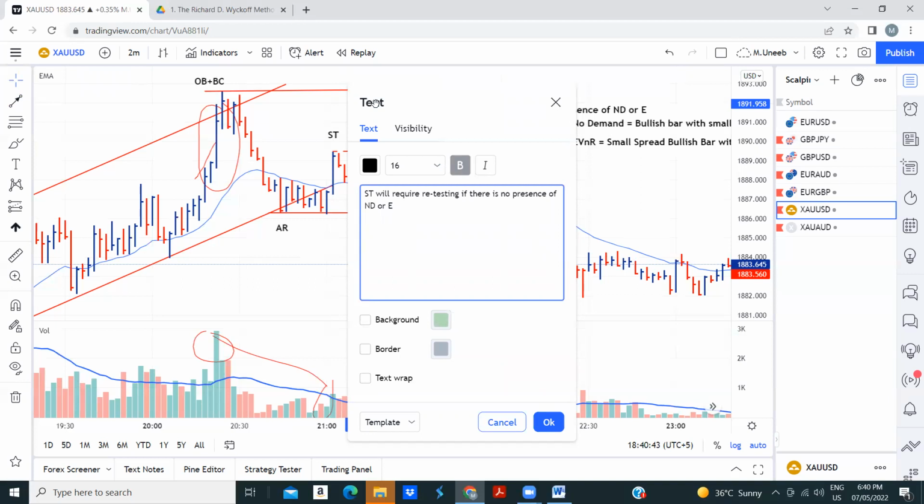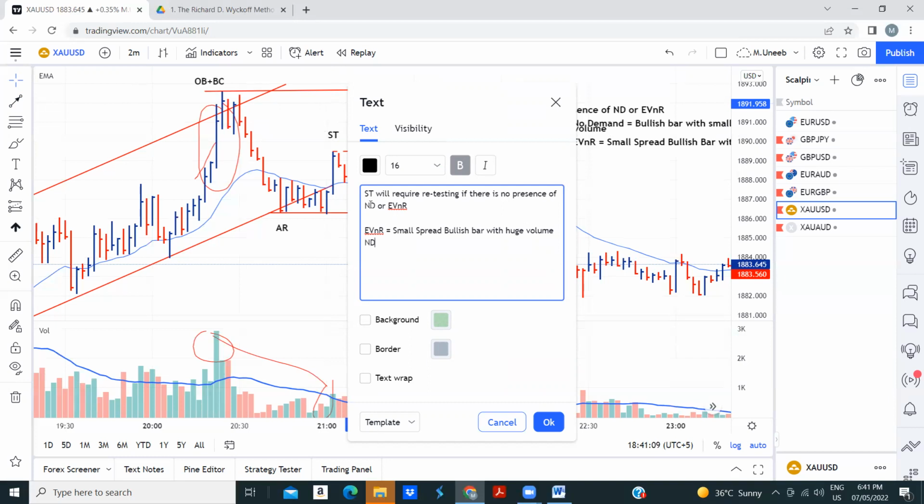So either you should witness effort versus no result or no demand. EVNR means a small spread bullish bar with huge volume.